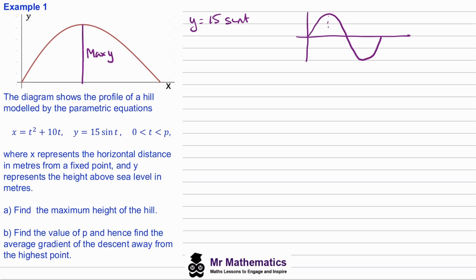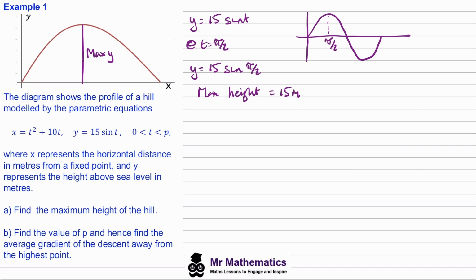And this is when t will equal pi over 2. But when you substitute this in, we get 15 times sine of pi over 2, 15 times 1. So the maximum height is 15 meters. Okay?